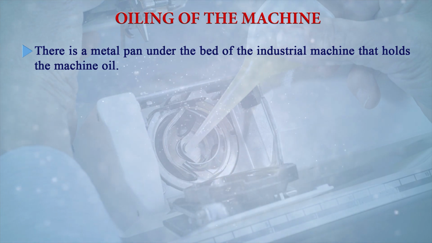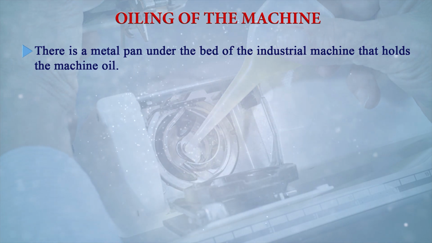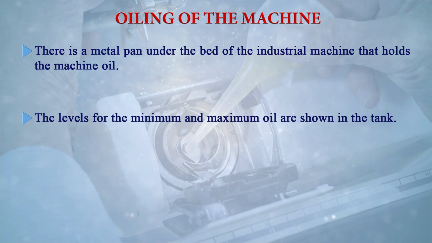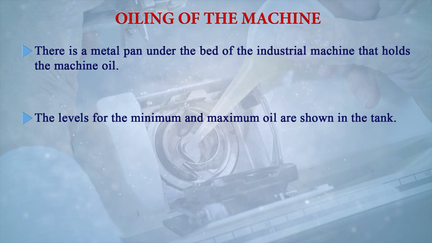For that, on every machine there are some particular points where oiling is very important. The levels for the maximum and minimum oil are shown in the tank or the part we are using.